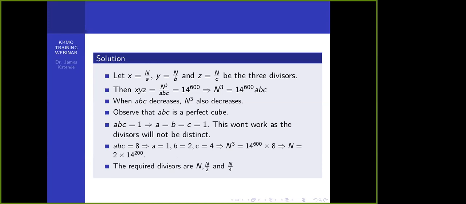Because I'm seeing 14 to the power 600, and the smallest value of n will be 2 times 14 to the power 200. I'm seeing 14 to 200 and 14 to 600. They are kind of related.